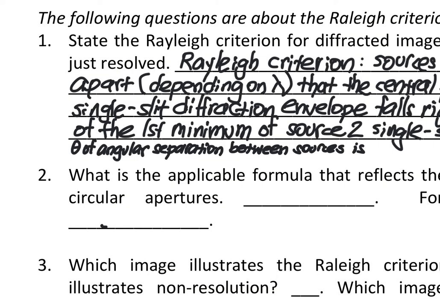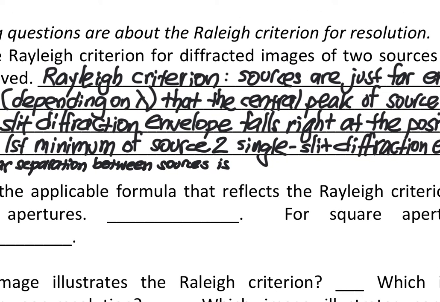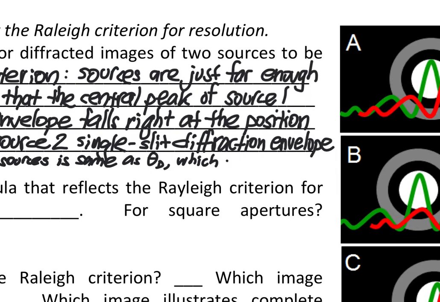So that theta of angular separation between the sources is the same as the angle of diffraction as caused by the single slit diffraction pattern. And that theta D, that's theta in theta is lambda over b, where lambda is the wavelength and b is the slit width.